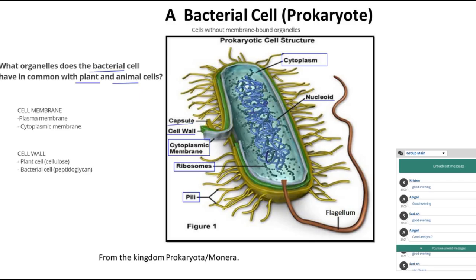So the pili are these hair-like structures surrounding the bacterial cell. But in the video, they mention these hair-like structures that you will find on the cells that line the respiratory tract, and they help to just sweep away dust and mucus and so forth. Anyone remembers what those structures were called?